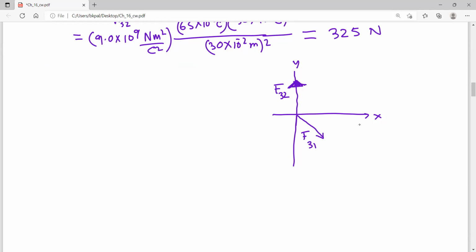But then we have to break this vector F31, and to break this vector you need to understand what this angle is. Now how do we determine this angle?